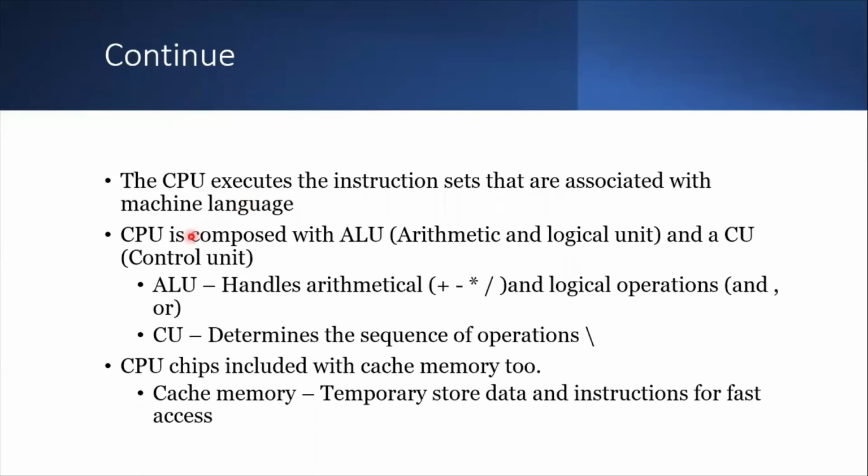Clear? Now, the CPU is composed of the ALU and the CU, the control unit. ALU is the arithmetic and logical unit. It handles arithmetical operations. What are the arithmetical operations? Addition, subtraction, multiplication, division, like what you do in math. I believe everyone has used some sort of math, because you have all done your O levels.